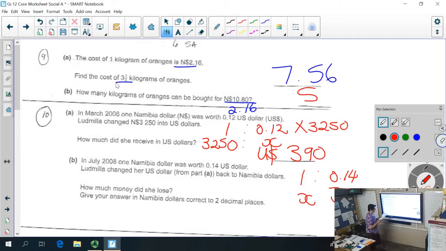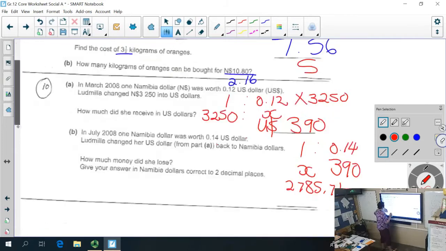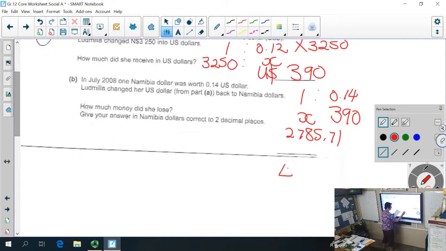And the answer is then 2785.71. And then you have to subtract it from the original amount there. So that's why her final answer then is 464.29 Namibian dollars. There's quite a lot of questions on social arithmetic.